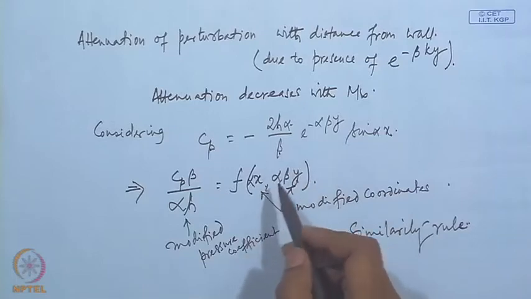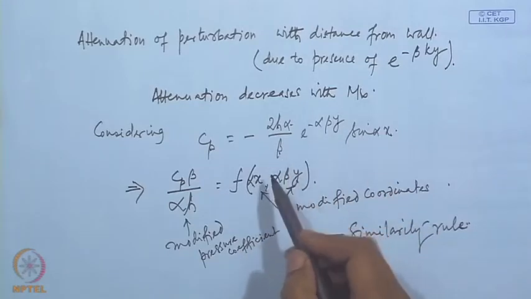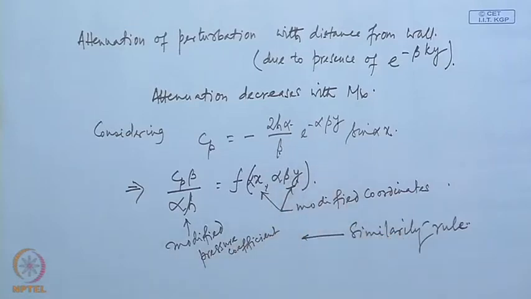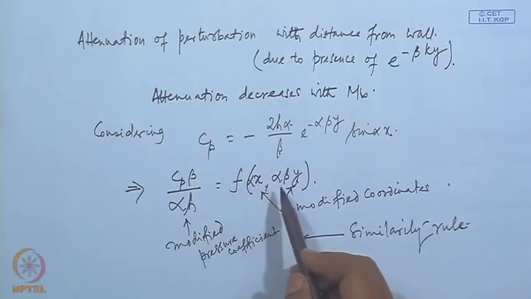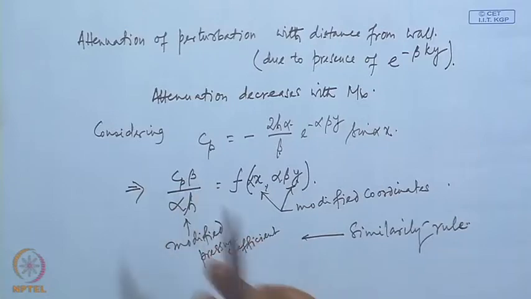However, it shows that if instead of coordinates x and y, we express the coordinates in the form alpha x and alpha beta y, and the pressure in the form C p beta by alpha h, then for all walls for which alpha x and alpha beta y are the same, they will have the same modified pressure given by this relation.